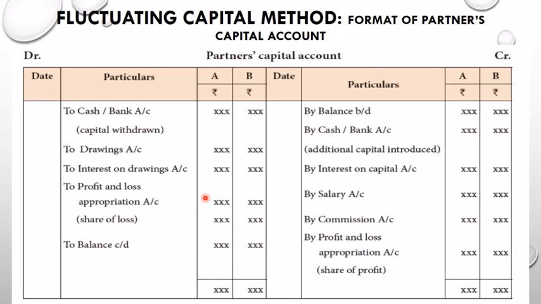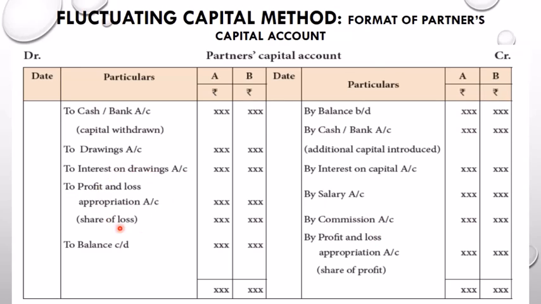Here we have fluctuating capital method. So under fluctuating capital method, we'll prepare only capital account. So partners' capital account, let's see the format. By balance brought down, by cash, that is additional capital introduced, interest on capital, salary, commission. If it's a share of profit, it is shown on the credit side.